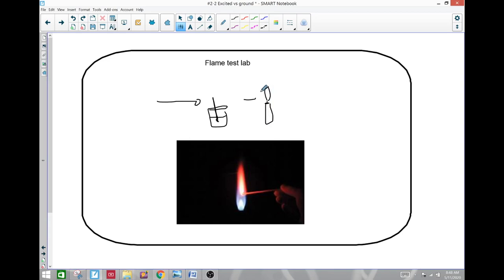So you stick it in here, and you get some different colors coming out. Those colors are reflective of the electrons moving around, shooting up to a higher energy level and coming back down and giving off a photon of light. That photon goes into your eyes, okay, and you are going to see a color.